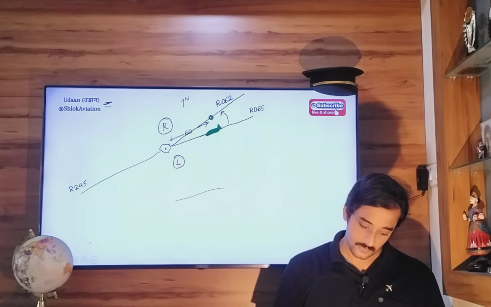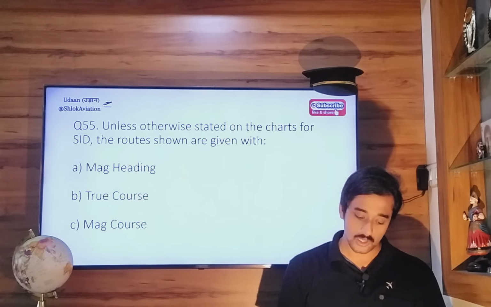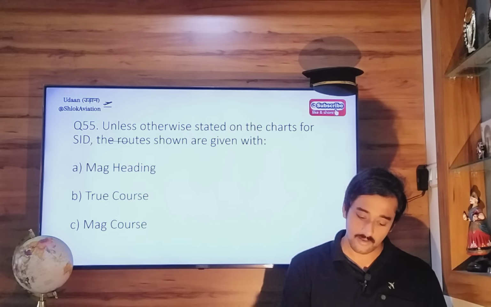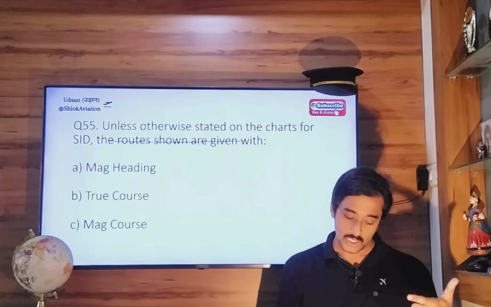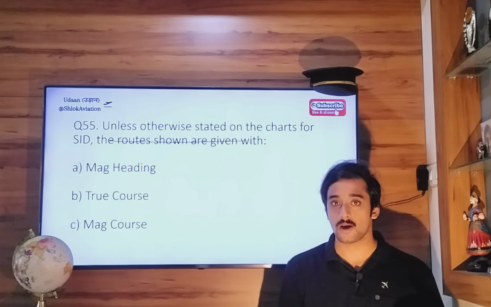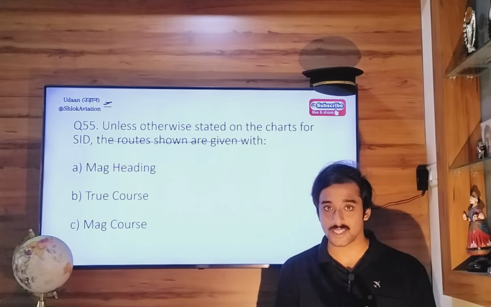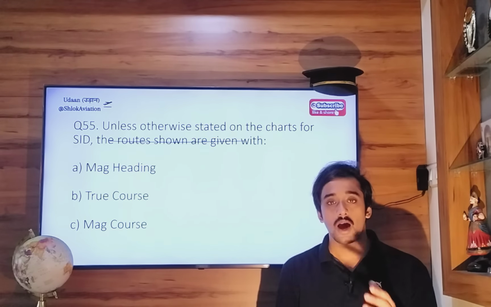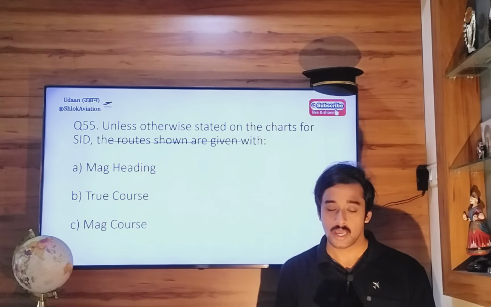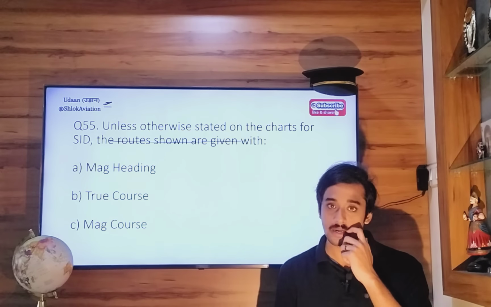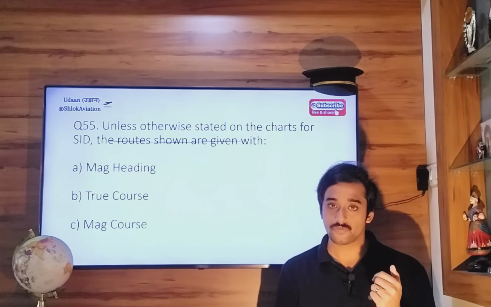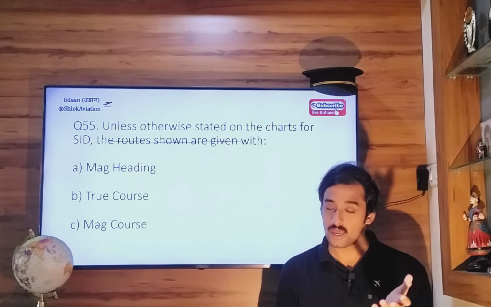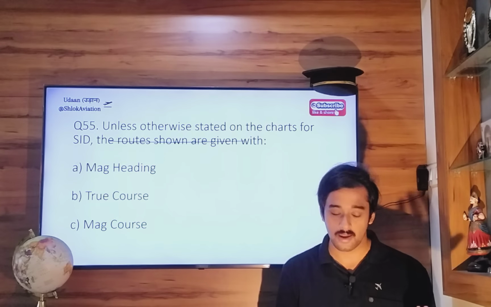Next. Unless otherwise stated on the charts for standard instrument departure, the routes are given with magnetic heading, true course, magnetic course. Now, standard instrument departure charts are meant to facilitate air traffic, to reduce workload and RT communication, right? These charts are depicted along with approach charts and standard terminal arrivals.